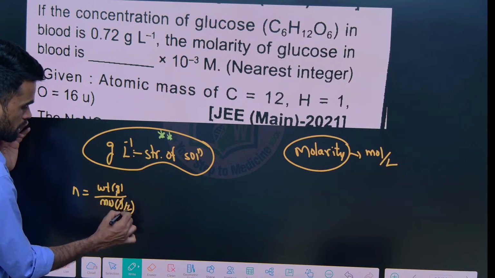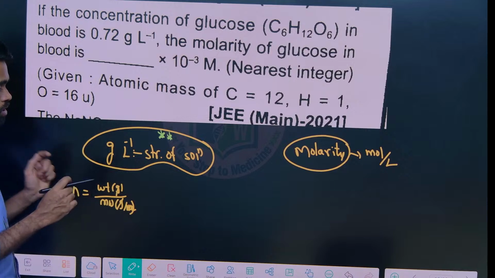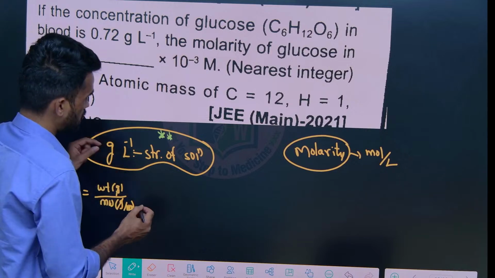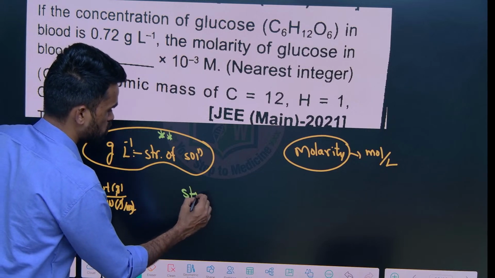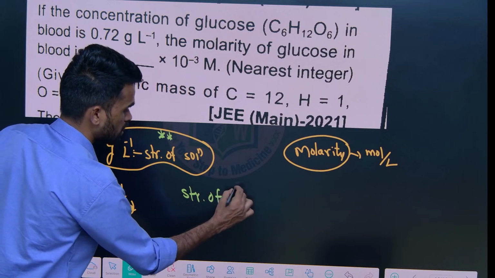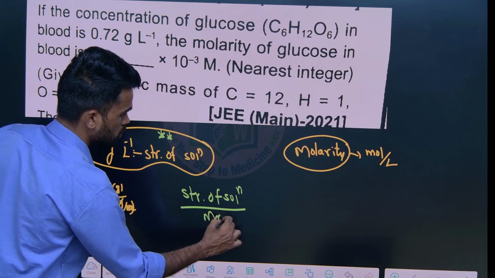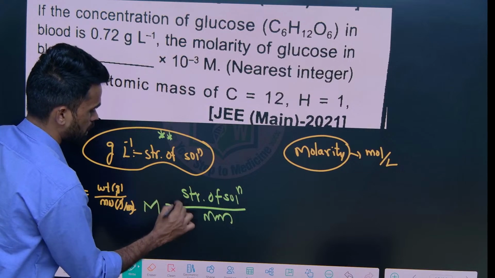So gram cancels, and you are going to get mole as your answer. So if you divide the strength of solution by the molar mass, you are going to get molarity, capital M.